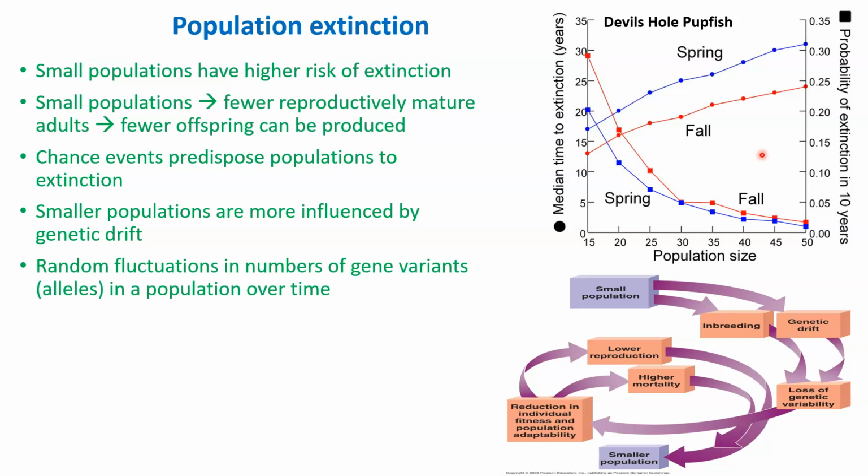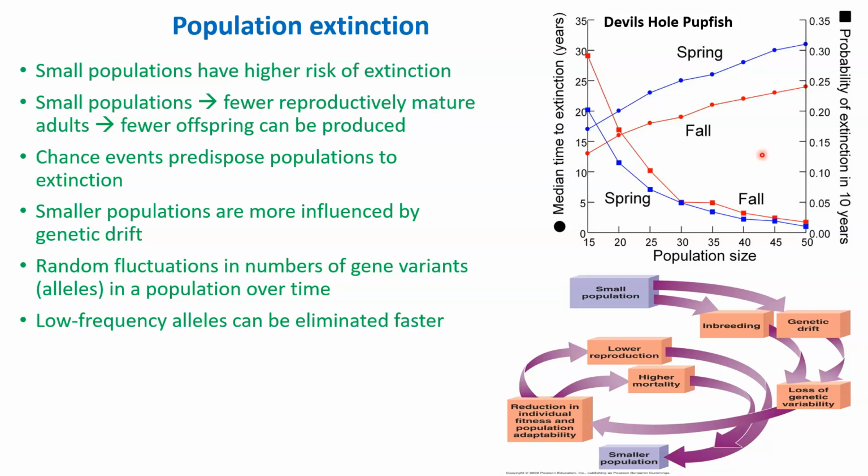And again, genetic drift is random fluctuation, right? Random fluctuations in the number of gene variants or alleles in a population over time. That kind of random fluctuation can happen with the death of a handful of individuals in that particular population, right? The smaller the population, the greater the impact of losing a few alleles.